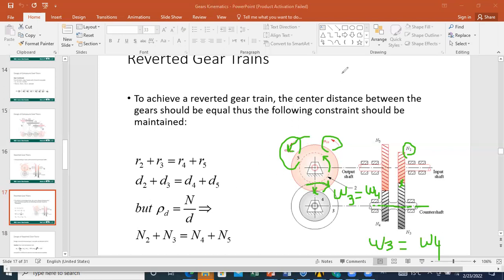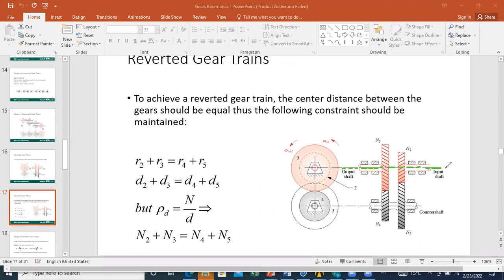Now just please pay attention. It's true that the input and output shafts are concentric, but they do not form one part. There is a big difference. The axes of the input and output shafts are collinear, so they belong to the same line, but they are different shafts.